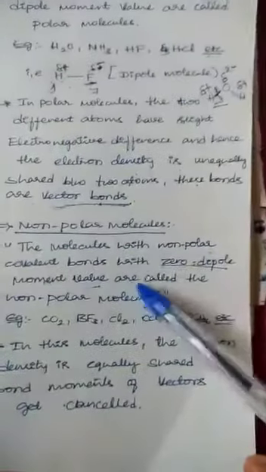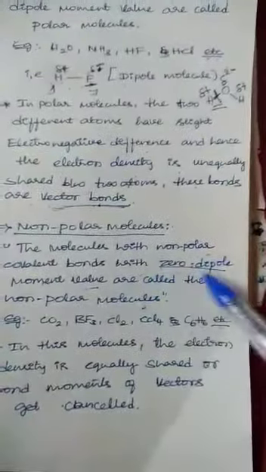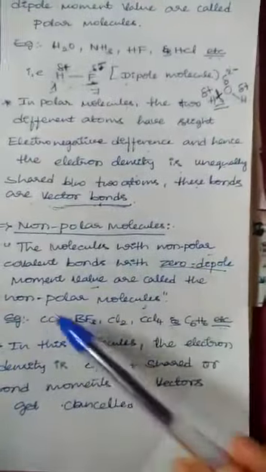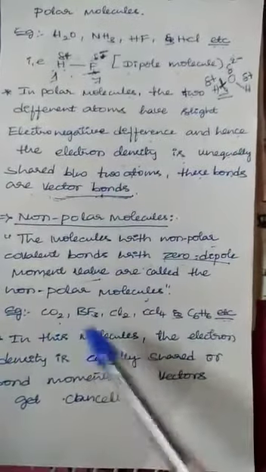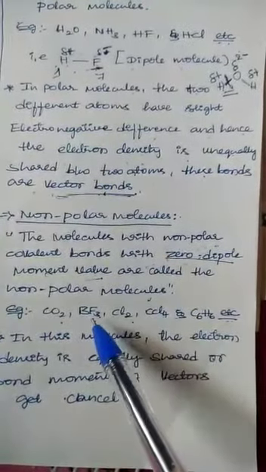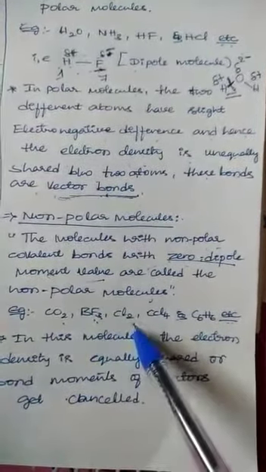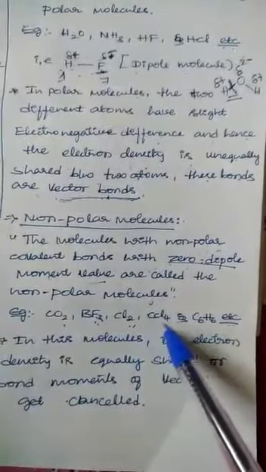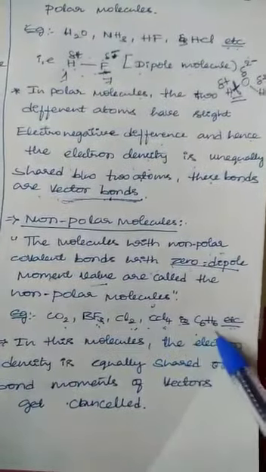Examples: carbon dioxide, BF3, Cl2, boron trifluoride, chlorine Cl2, CCl4 tetrachloromethane and C6H6 benzene, etc.